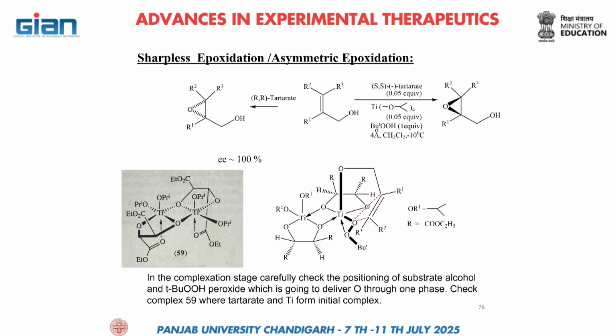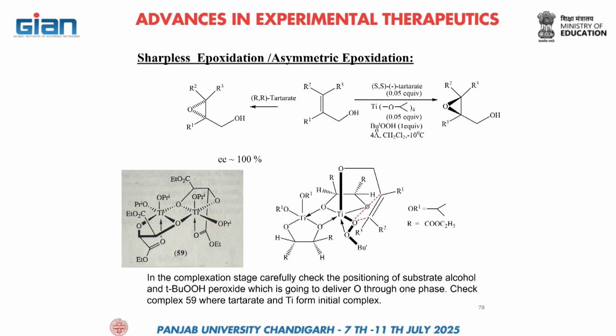Sharpless efficiently blocks either the above or the below side by introducing a complex. What is that complex? He used titanium isopropoxide for the bigger group, and for selecting these two phases he used either RR diethyl tartrate or SS diethyl tartrate. So if you block any of the phases, your substrates are definitely going to go from the opposite side.